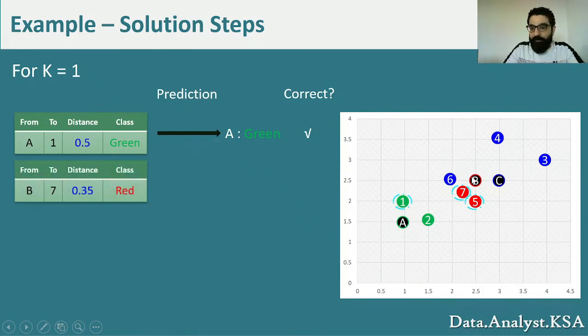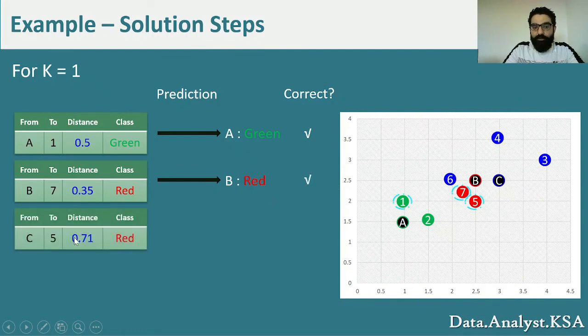Now for point B, the closest point is 7 with a distance of 0.35. And its class is red. So our prediction for point B is red. Now, is this correct? Again, it is correct. For C, the closest point is 5, with a distance of 0.71, and its class is red.